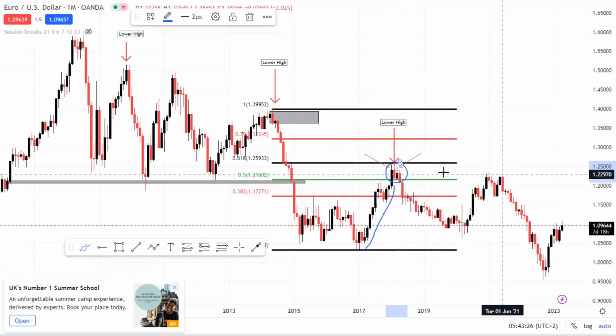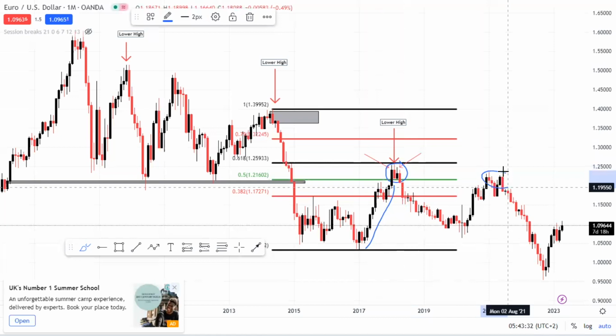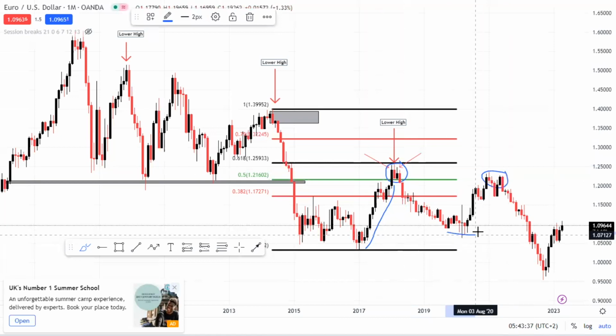bearish and has been bearish. This was the most recent significant lower high. We have respected it again. And why did this not become a new significant lower low?